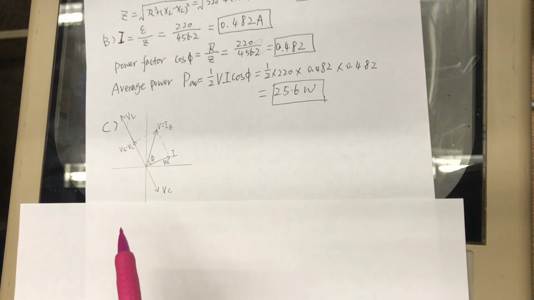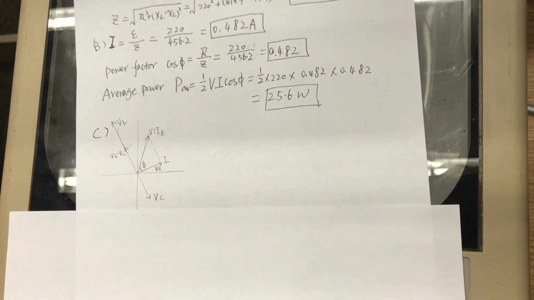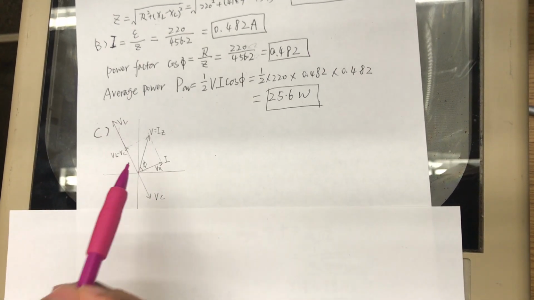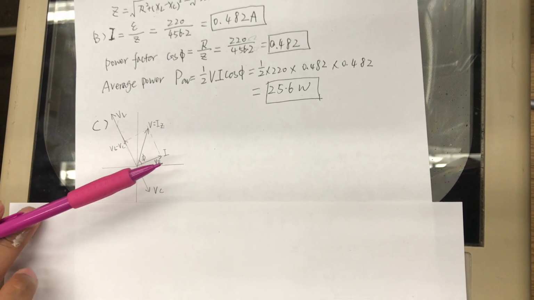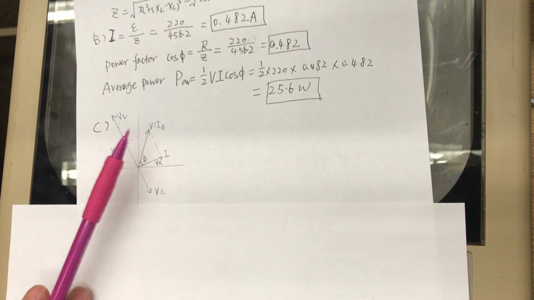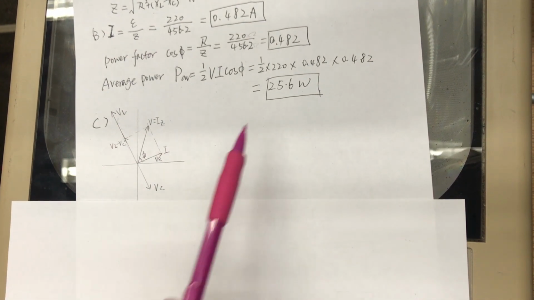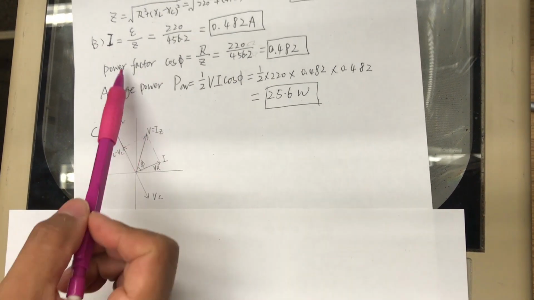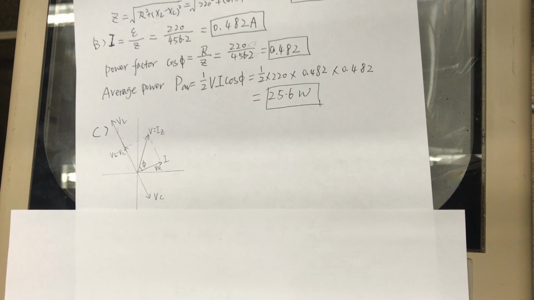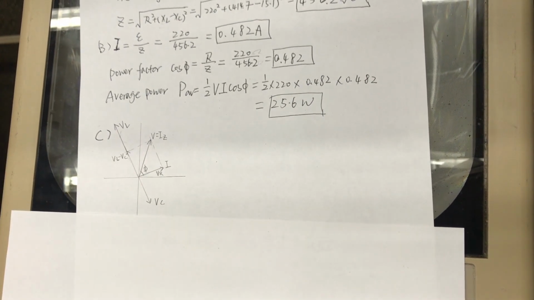So this is what the phasor diagram looks like. Now, phi is the angle between the current phasor and the voltage phasor. That is what we calculated over here. Cosine phi is the power factor. That is C, so you can see the phasor diagram.